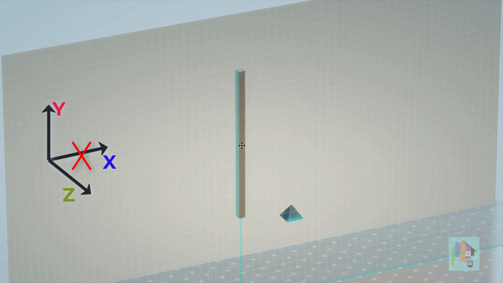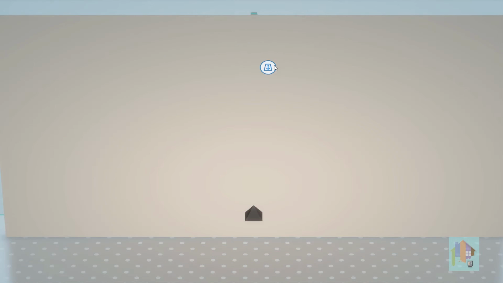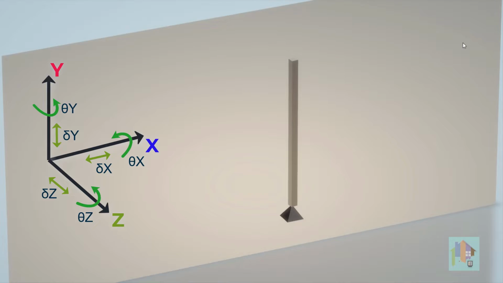Translational movement along x-axis, along y-axis, and along z-axis are restricted for the pin support. This is just a representation to show the displacement components which are allowed and which are restricted. This is obviously not the actual displacement diagram, as the bottom portion of the member is not free to move.